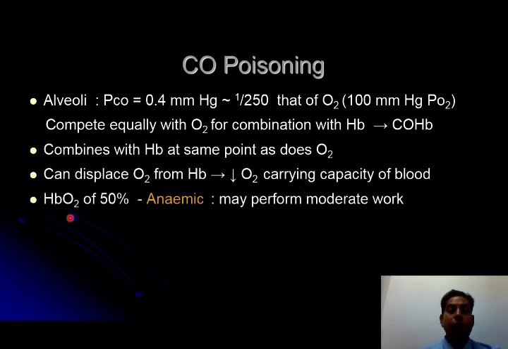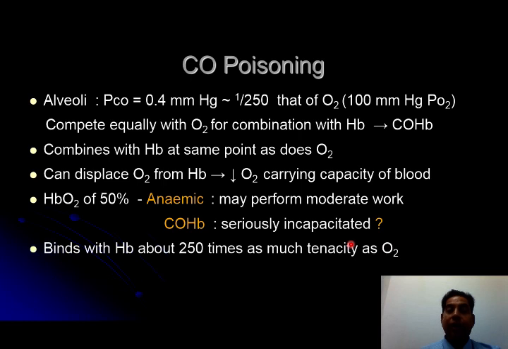So hemoglobin of 50% in an anemic patient can perform moderate work, as I've explained, because delivery is still intact. But in case of carbon monoxide poisoning, because of the carbon monoxide combining with the hemoglobin, work capacity is seriously hampered. And I've told you the reason for this.